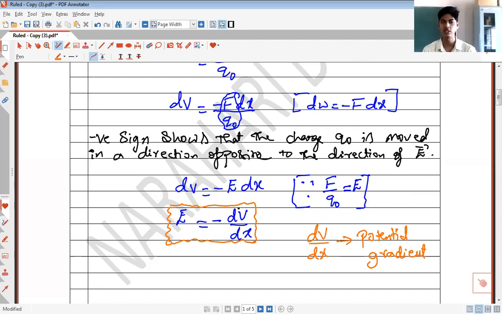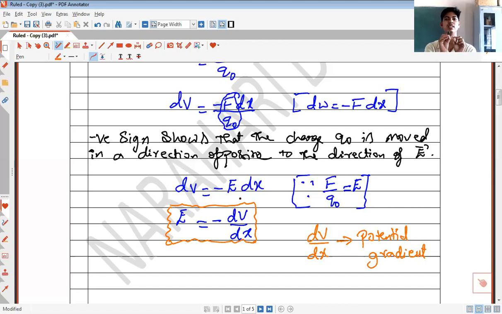See, dV is potential difference, dx is distance. So dV by dx is the change in potential with respect to change in distance. If some quantity is changing with respect to distance, we call that quantity a gradient.